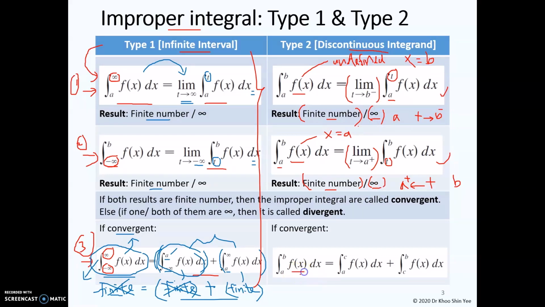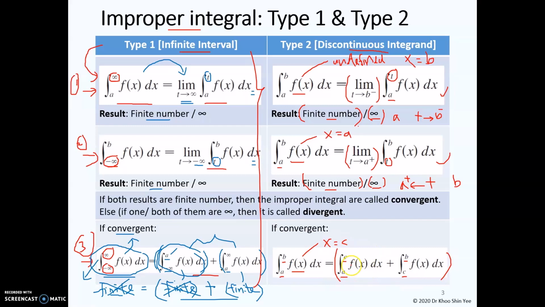If you obtain some infinite number like this, then the solution is undefined and is diverged. For the third case, the function f(x) here is undefined when x is equal to c, and c is between a and b. Therefore, you need to form this equation, where you integrate from a, which is the lower limit, to c, and from c to the upper limit b.